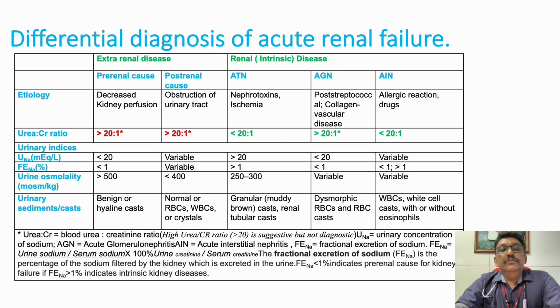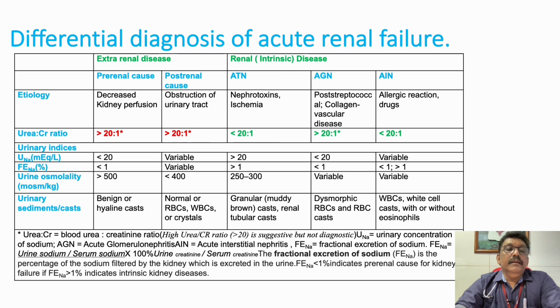Now, differential diagnosis for acute renal failure. If you see the chart, you can easily make out what the problem in the kidneys is. Extrarenal causes we will not go into now. We can see acute tubular necrosis, acute glomerulonephritis, acute interstitial nephritis. Here, the urea creatinine ratio is very important.